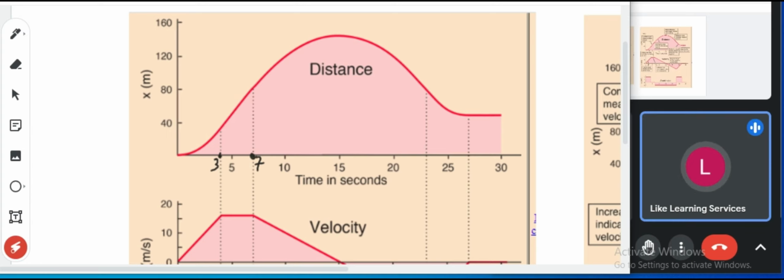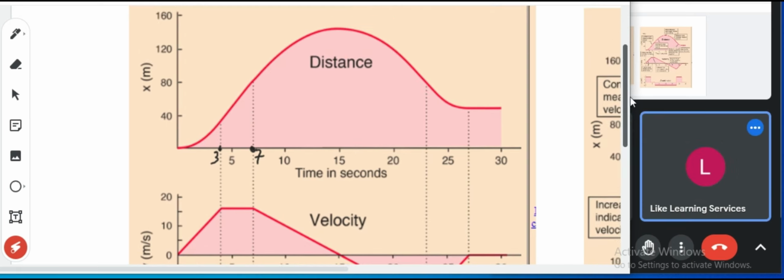What's happening between 3 seconds to 7 seconds? Constant speed, because it's a straight line. And what's happening between 7 seconds to 15 seconds?